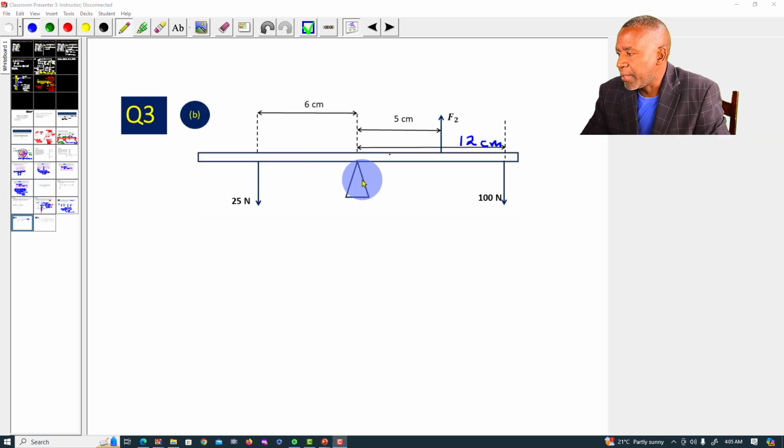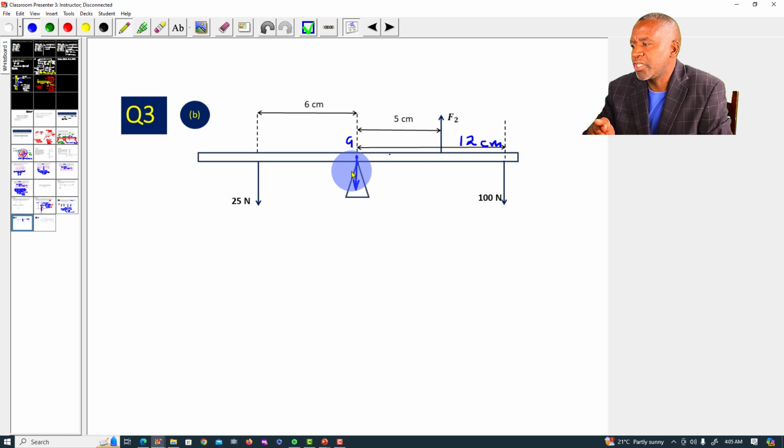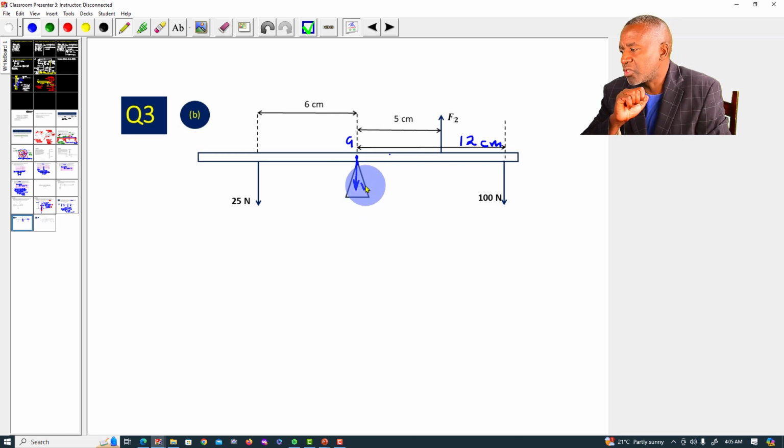In part B, again, this bar is balanced about its center, in which case this is the center of gravity. The weight of the object acts through that point, and because it's balanced about that point and we are taking moments about that point, the moment due to its weight becomes 0.